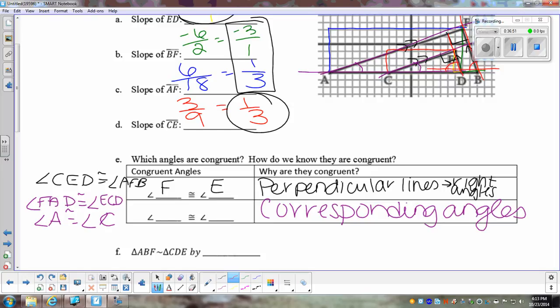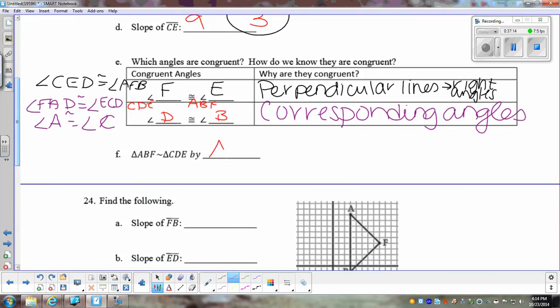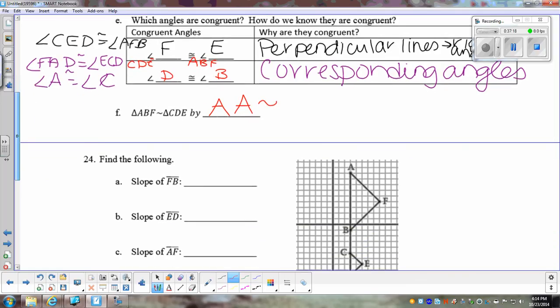So I also could have used that angle CDE or angle D is congruent to angle ABF or angle B. And again, those are corresponding angles. I don't need all three. I just need two. So you could have chosen any two of those three pairs of angles. I need two pairs. So then I know that these two triangles are similar by angle-angle similarity.